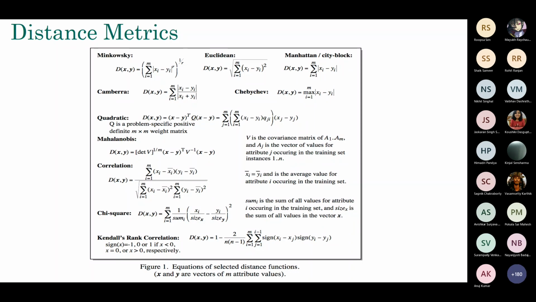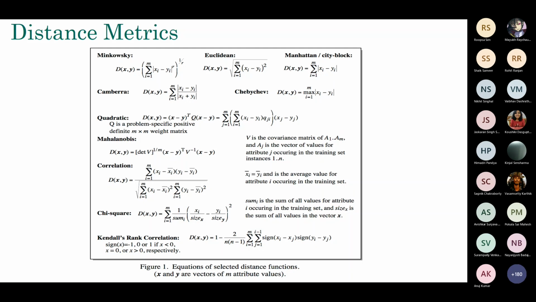Then there are lots of distances, like the quadratic distance, where there is one matrix called Q, which we learn from the data depending upon your requirement. If you have a particular requirement from particular data, then you can learn this positive semi-definite matrix Q to compute that.